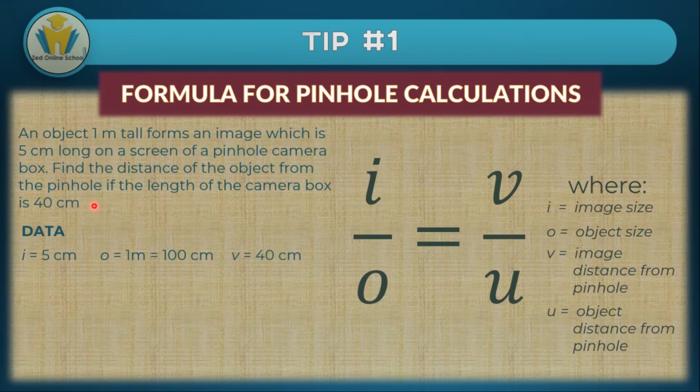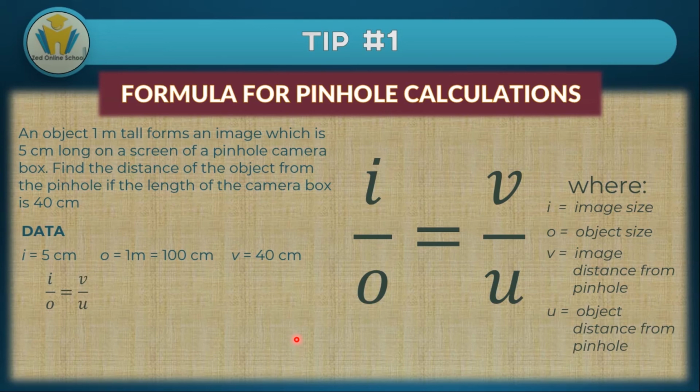This 40 centimeters is the length of the camera box. Remember I said sometimes the image distance might be just mentioned as the length of the camera box. This is because we know the image will always be on the screen. Therefore, the distance from the screen to the pinhole is the same as the image distance. Now you can see we've got I, O, and V, meaning the only missing thing is U. We're going to make U the subject.